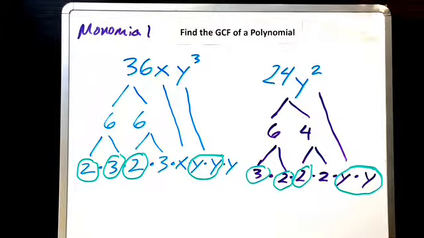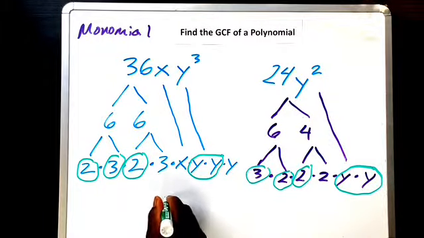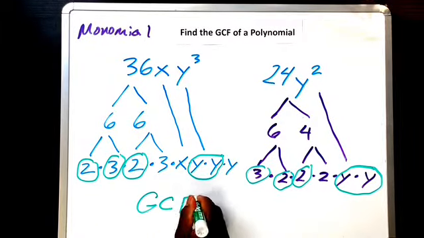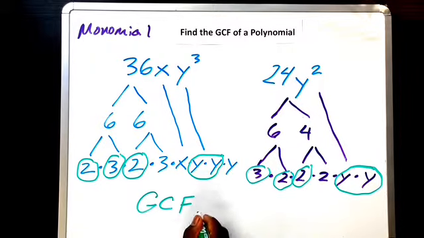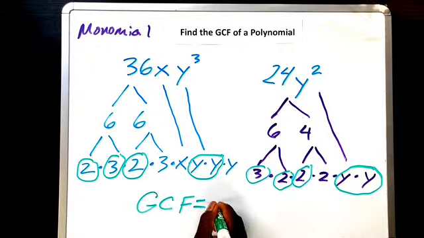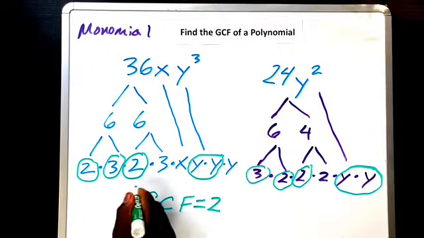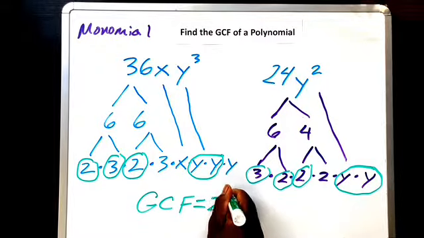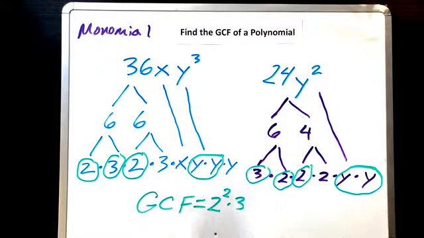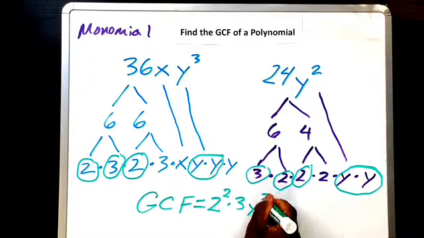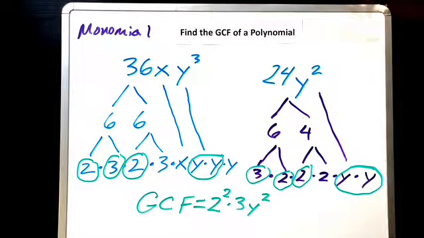Therefore, when we write our final answer, we're going to say that the GCF, or the greatest common factor, equals 2 times 2, which is 2 squared, times 3, right? We have factors of 2 times 2 in common, times 3, and then times y squared, okay?